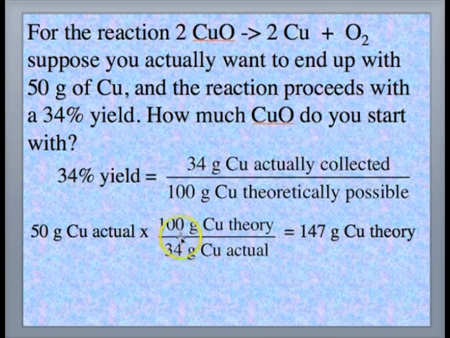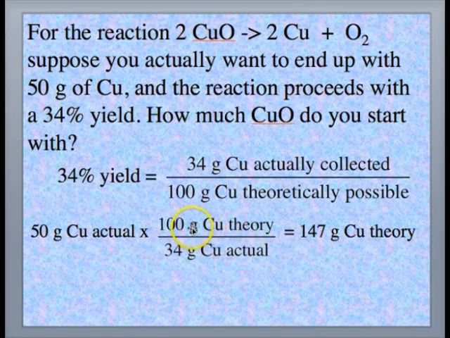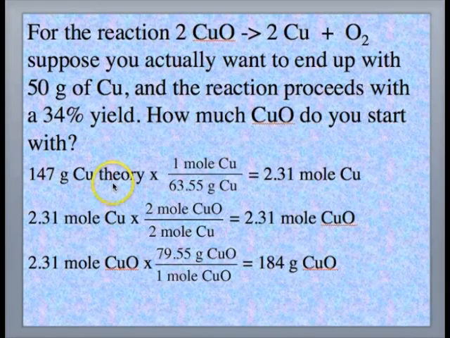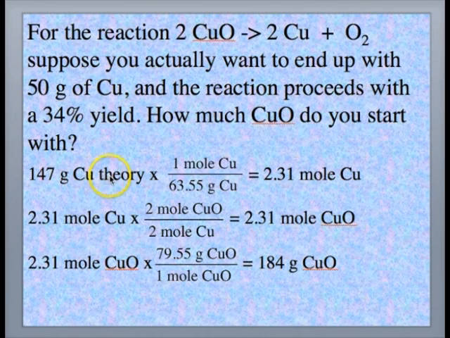So, if we do that, grams of actual copper cancel out. We're left with grams of theoretical copper, and it'll be 147 grams of theoretical copper. So now we'll calculate from the 147 grams of copper that are theoretically required, how many grams of cupric oxide will generate that.